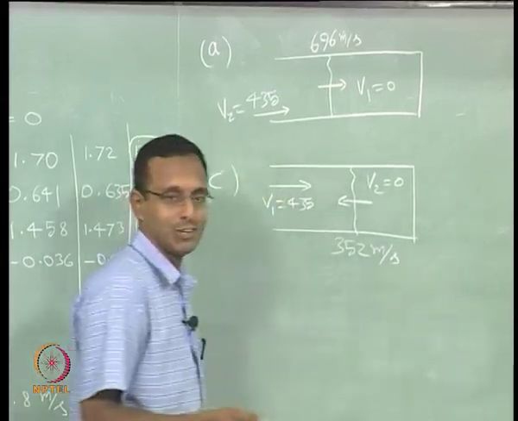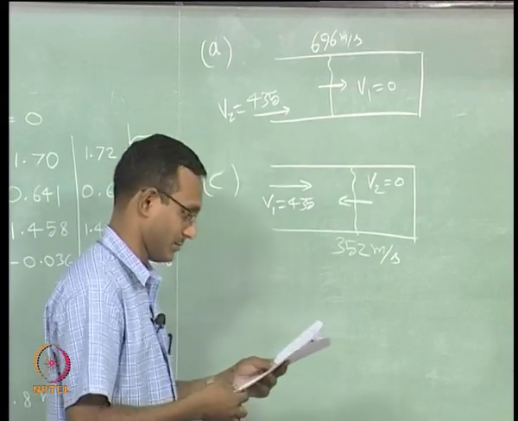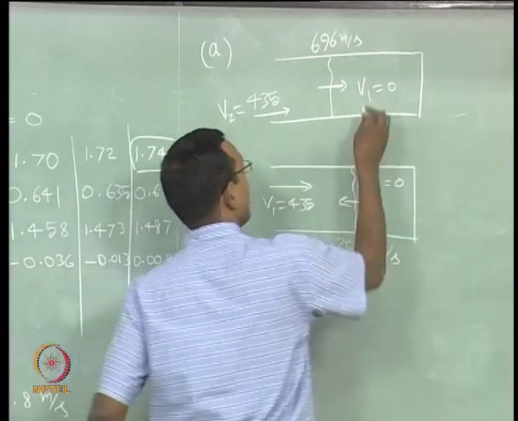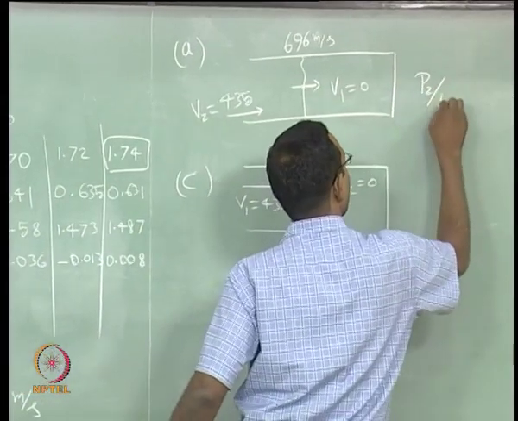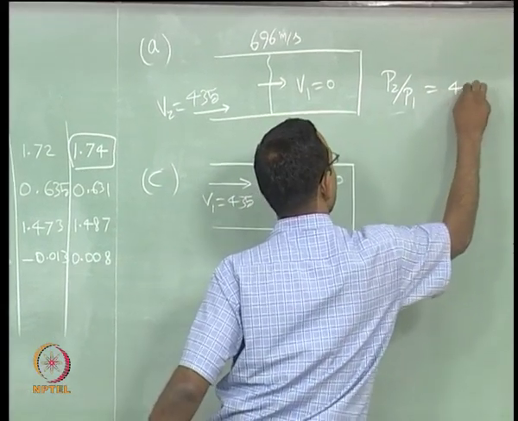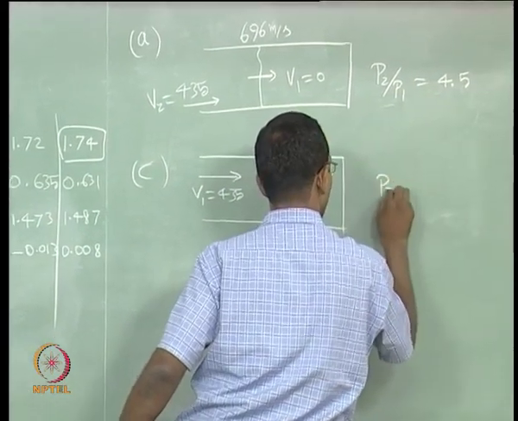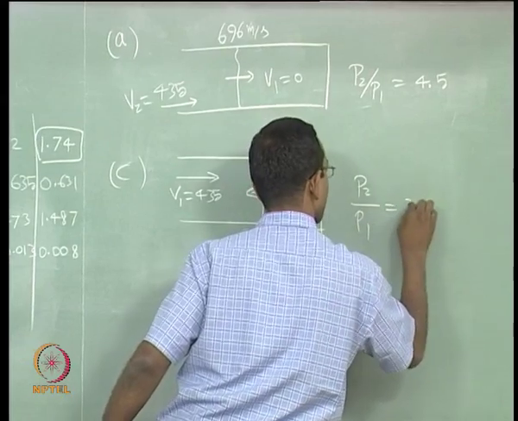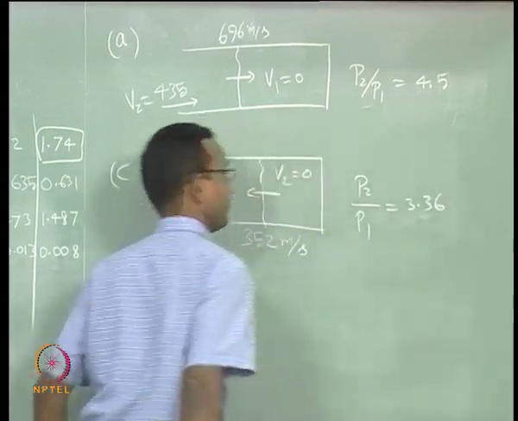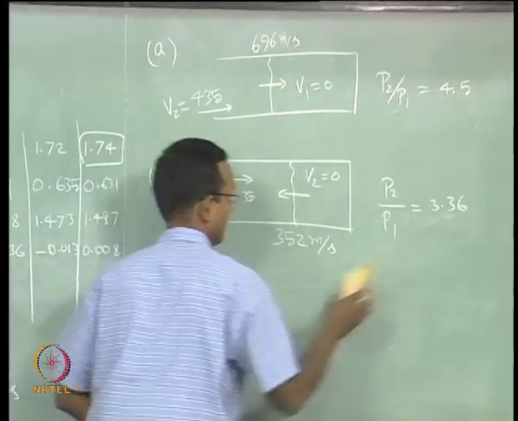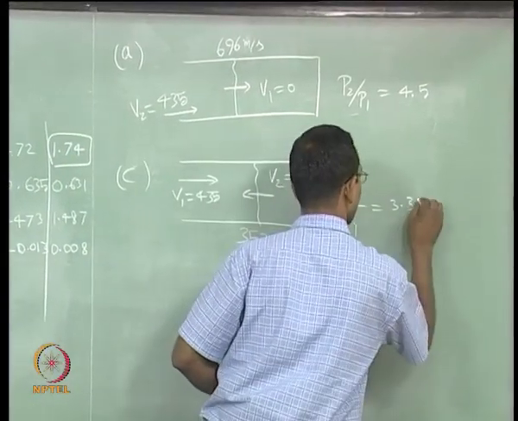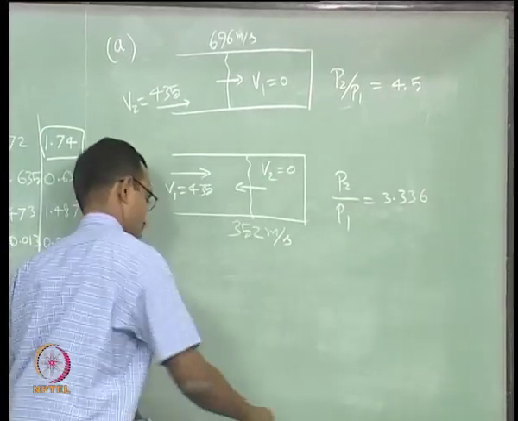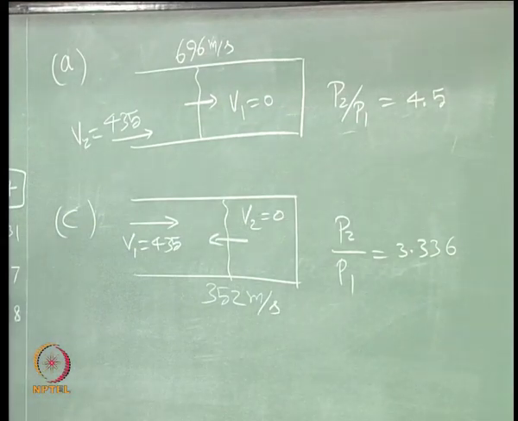We are not interested in the actual number, I just want to tell you the trend. Here P2 by P1 was 4.5 and here P2 by P1 is 3.336, some such number. I could have written 3.34, that is enough.